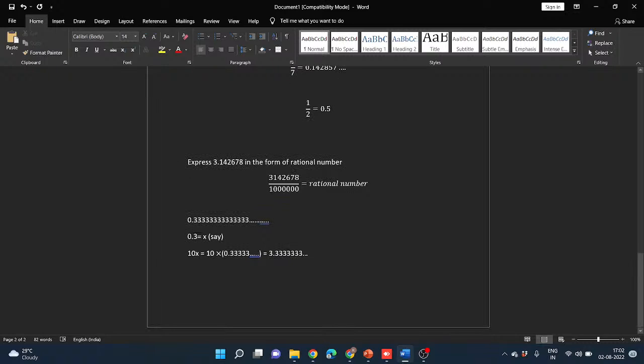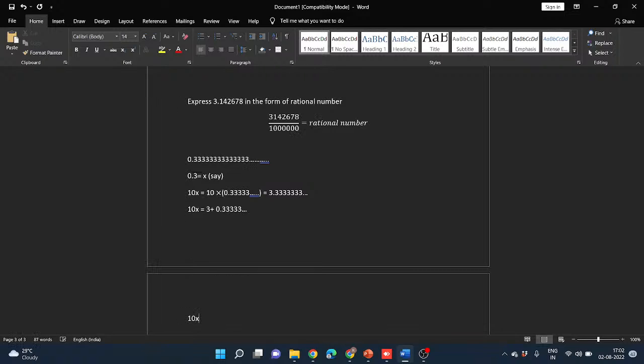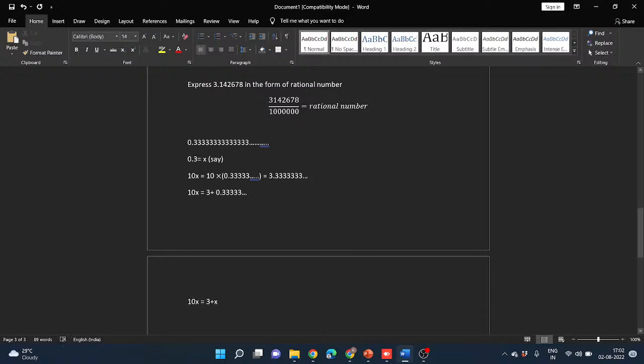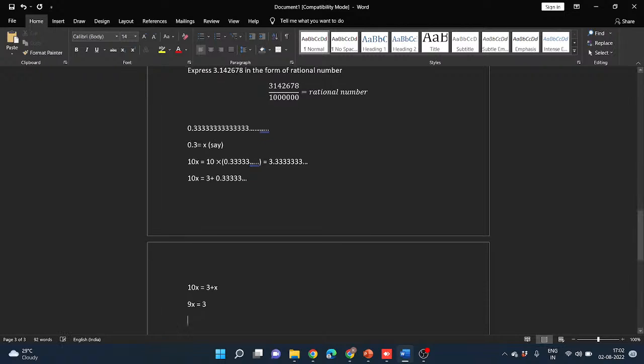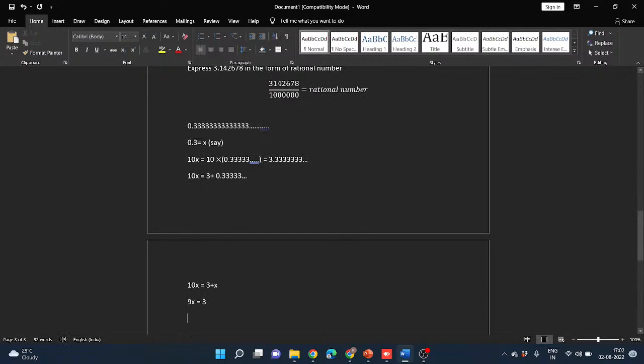Solving for x, we get 10x equals 3 added to 0.3333 and so on. So we can say 10x equals 3 added to x again. So it becomes 9x equals 3. Again solving for x, x is equal to 3 upon 9.